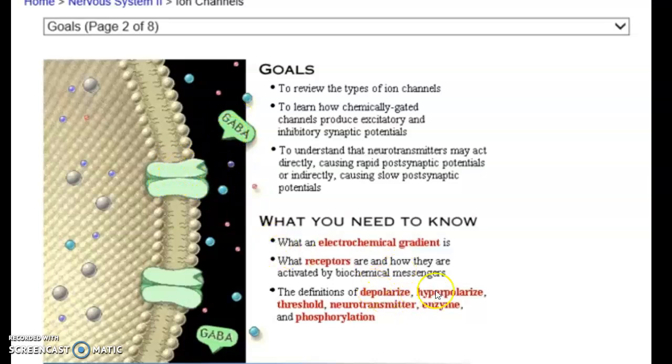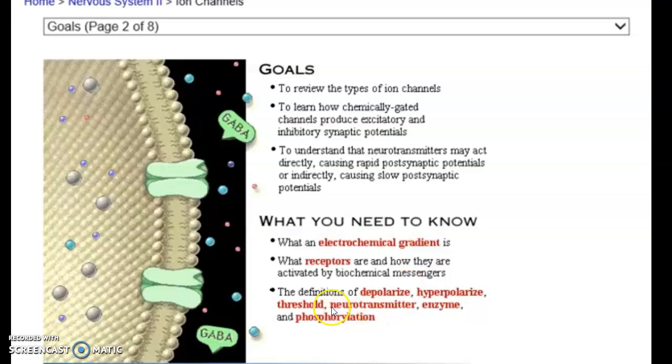And then, of course, we need to understand some really important definitions. What is depolarized? What's hyperpolarized? What's threshold? What's neurotransmitter? What's an enzyme? What's phosphorylation? Well, we know the neurotransmitter is the actual chemical released at the synapse that will bind to the gate to open it up. What it opens up to is according to the type of neurotransmitter and the type of receptor.